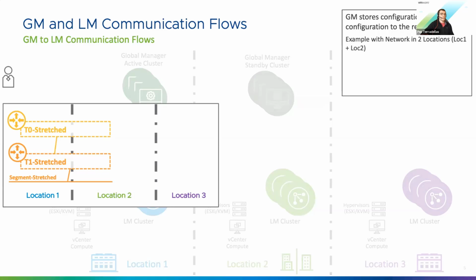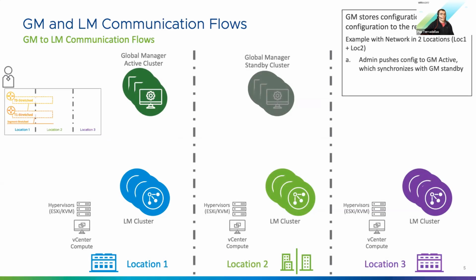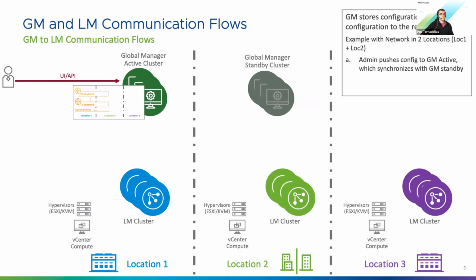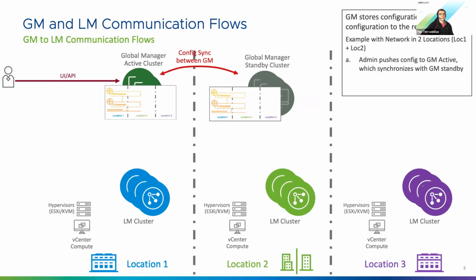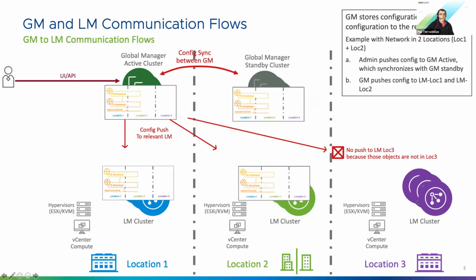So you create a configuration at the global manager level. It's replicated to the standby global manager, as you can see. And that configuration is automatically pushed to location 1 and location 2. Take a look at the fact that this configuration applies only on location 1 and location 2. Location 3 will never be aware of that configuration.